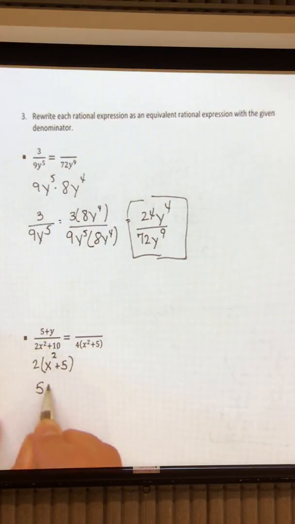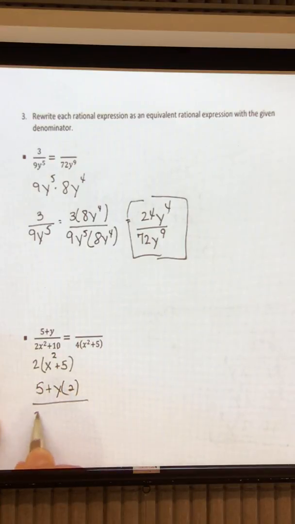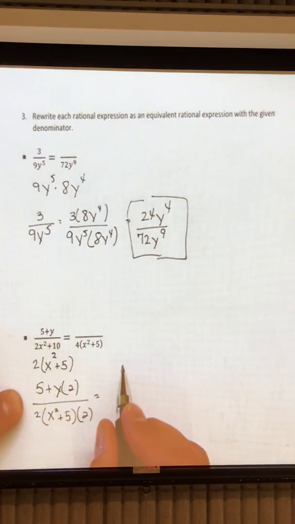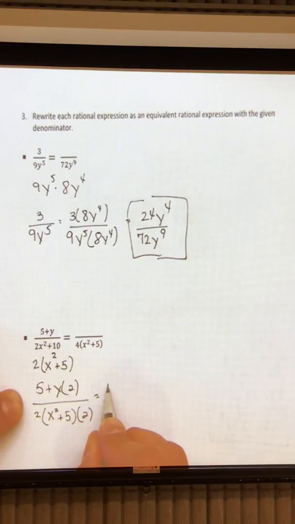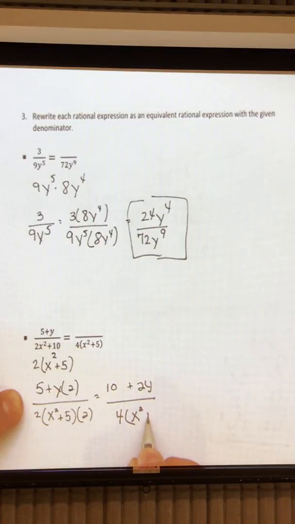So we have 5 plus y times 2. That's what we're missing here. So we have 2 times x squared plus 5 times 2. And that is equal to 10 plus 2y over 4 x squared plus 5.